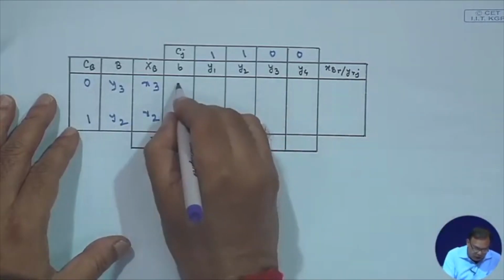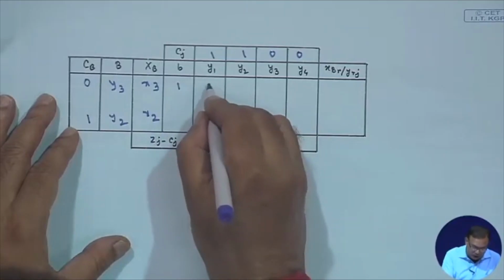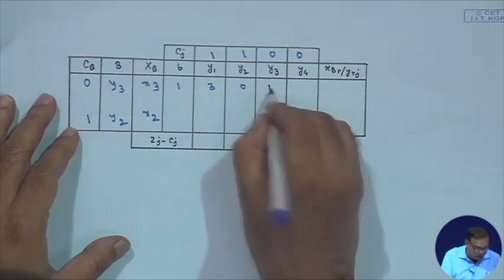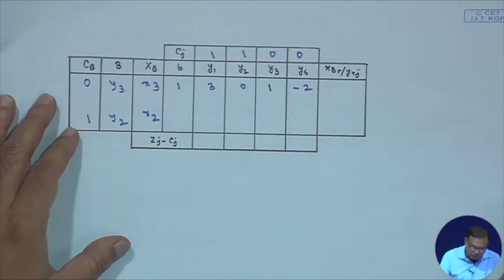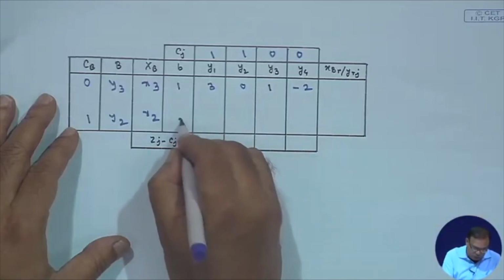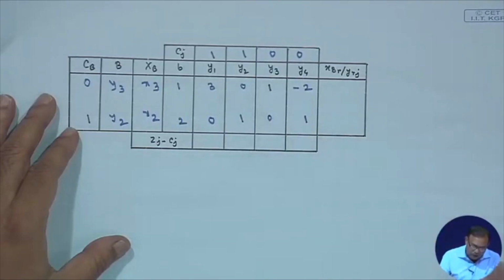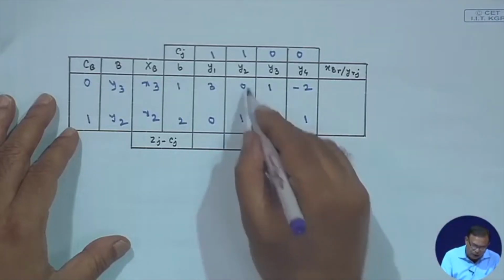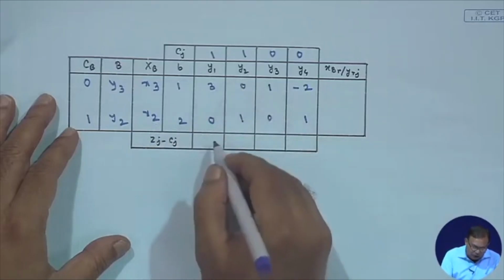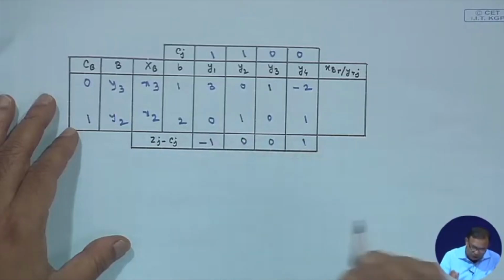If I calculate it and write down after row manipulation, I will obtain 1, 3, 0, 1, minus 2. And for x2, this will be 2, 0, 1, 0 and 1. So, basically this is 1 and this is 0, y2 was the entering vector. If you calculate zj minus cj, you get minus 1, 0, 0 and 1.